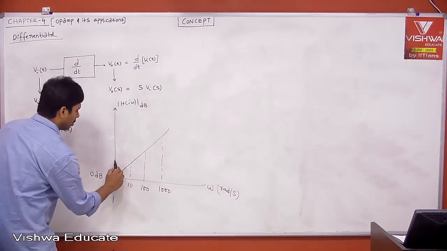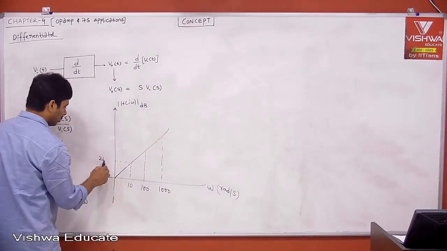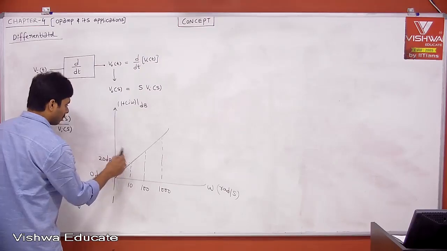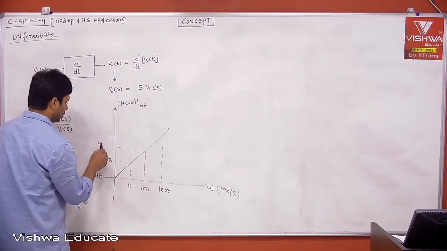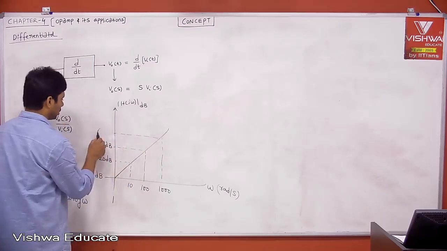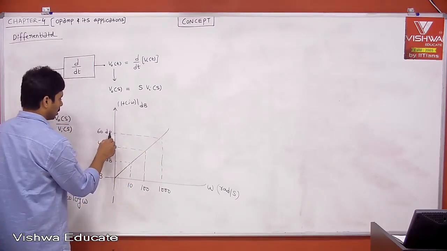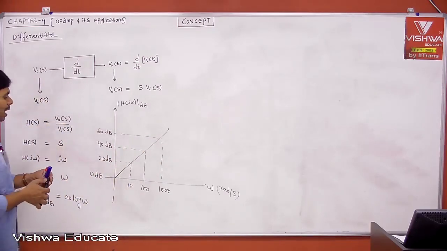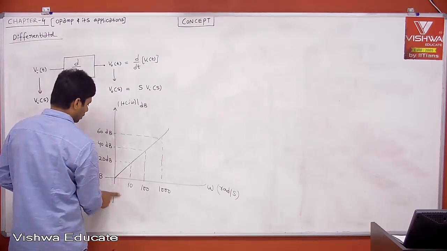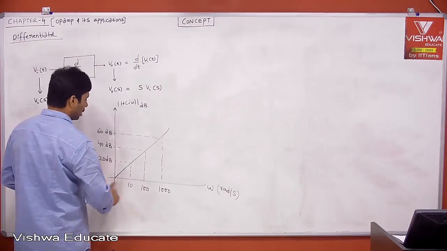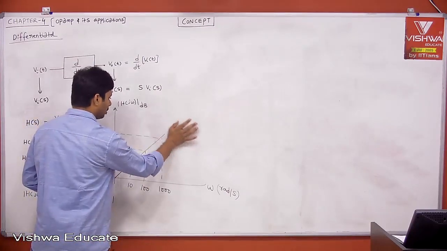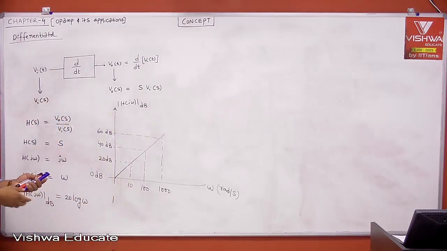Now tell me, what is the gain? This is 20 dB. Then what is the gain here? This is 40 dB. Then what is this gain? 60 dB. Therefore, the system which has a gain of plus 20 dB per decade is the one performing differentiation.